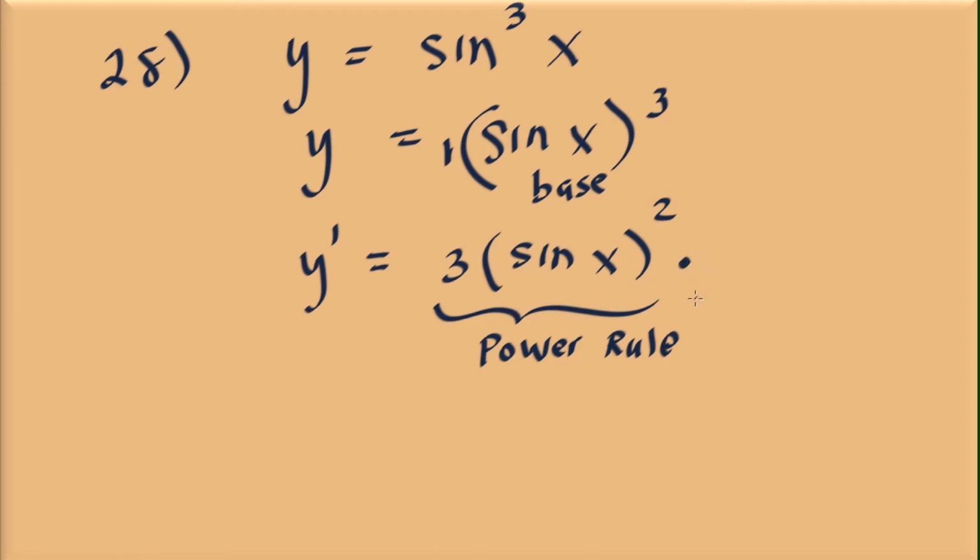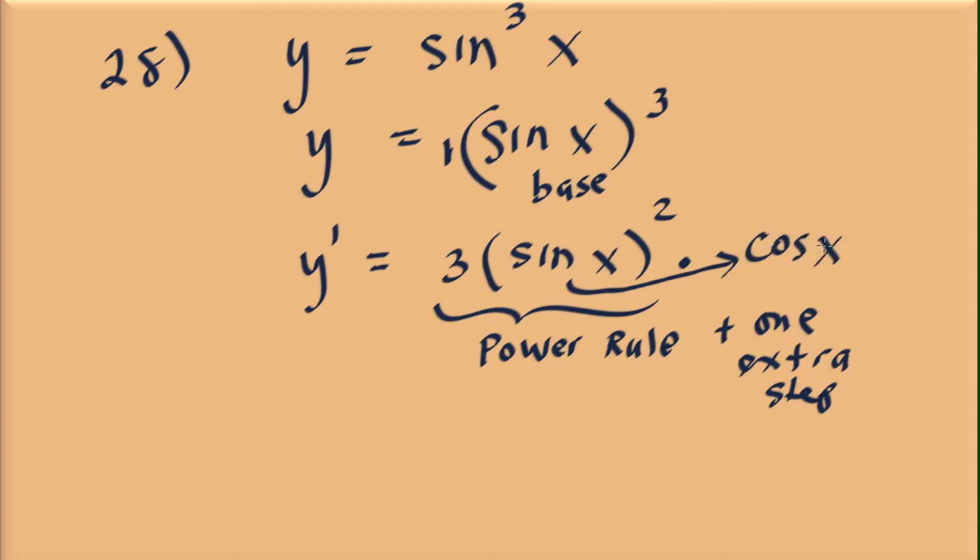And with this one extra step, plus 1 extra step, this one additional extra step makes it a chain rule, which is finding the derivative of that base sine x, which is cosine x.